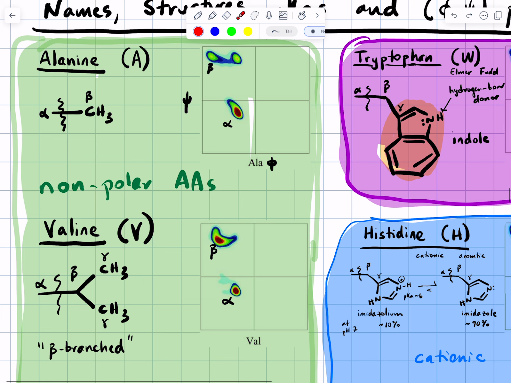And one of the things you could infer then is adding that beta branching makes this amino acid happier or more favorable, or makes the amino acid better suited for this particular combination of dihedral angles, which happens to be in a beta sheet. So, what could I ask you? I could ask you something like, what does this Ramachandran plot tell you about valine versus alanine in beta sheets? And you could say valine's better in beta sheets than alanine is, and that's a good conclusion.